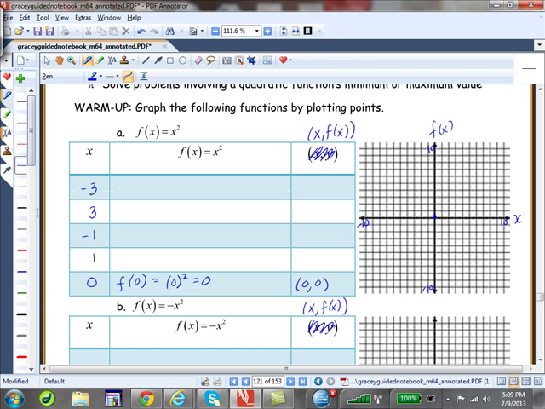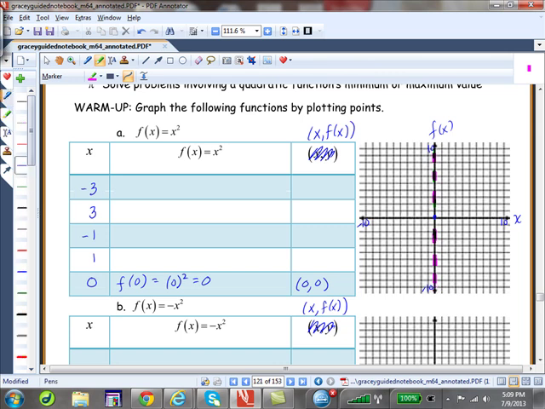The line of symmetry goes at the x-coordinate of either the minimum value or maximum value. So what that means is if you were to fold the parabola, it would fold on that line.